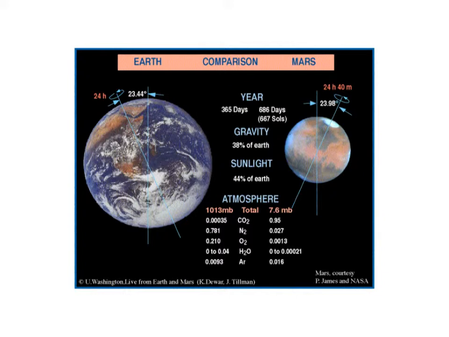Again, the difference in size. Mars has about the same tilt of its axis as the Earth does. The axial tilt of the Earth is about 23 degrees. For Mars, it's about 24 degrees.